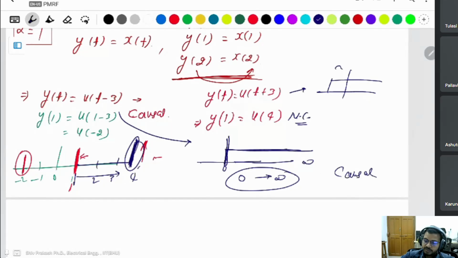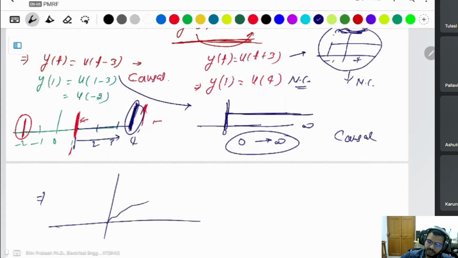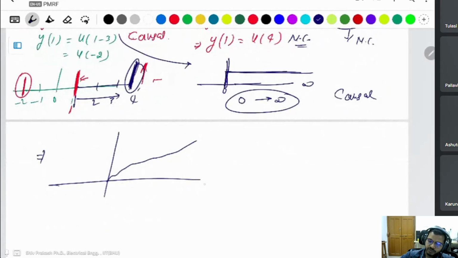If any system is present on both the minus and positive sides, then this system will be a non-causal system. If the system is present from 0 to infinity, it is a causal system.